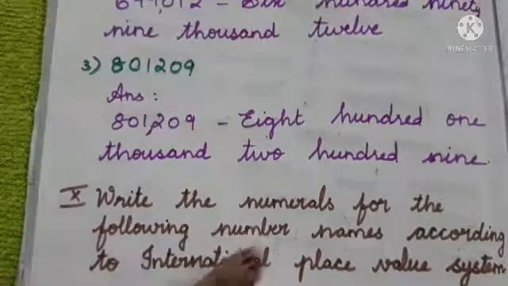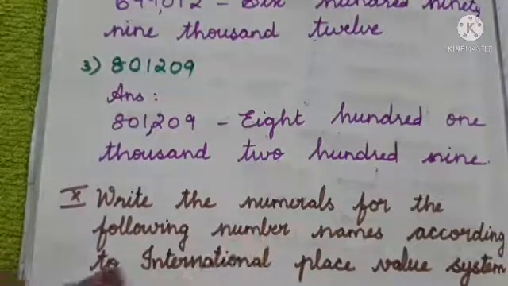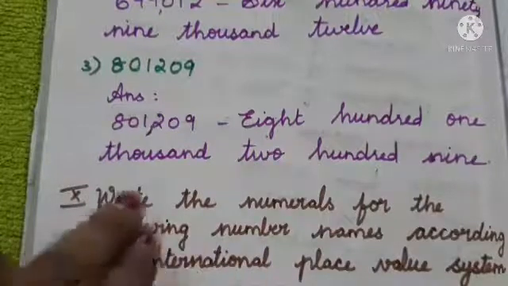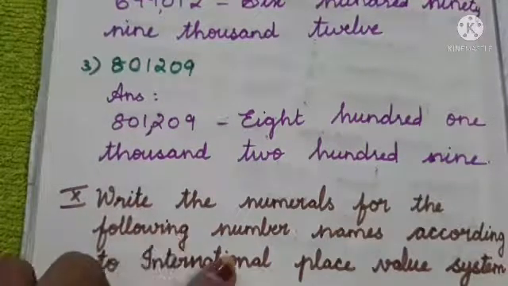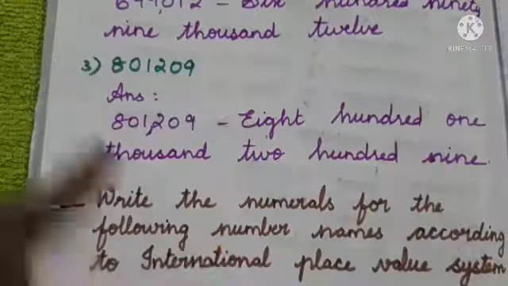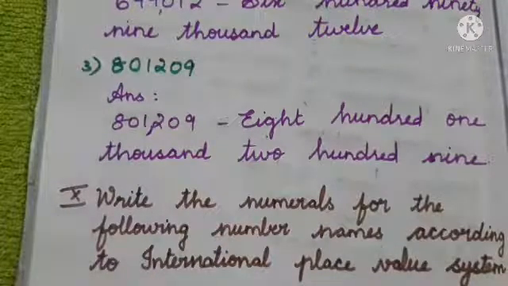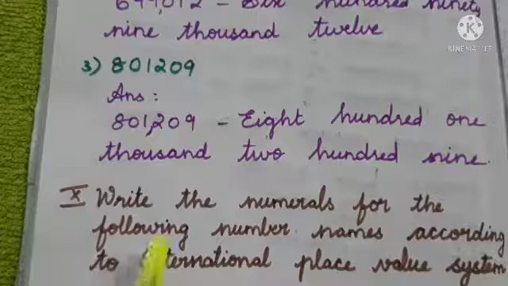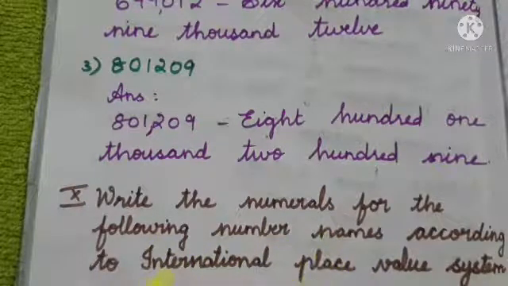Write the numerals for the following number names according to the international place value system. They will give the number names, and we want to write the numerals according to the international place value system.